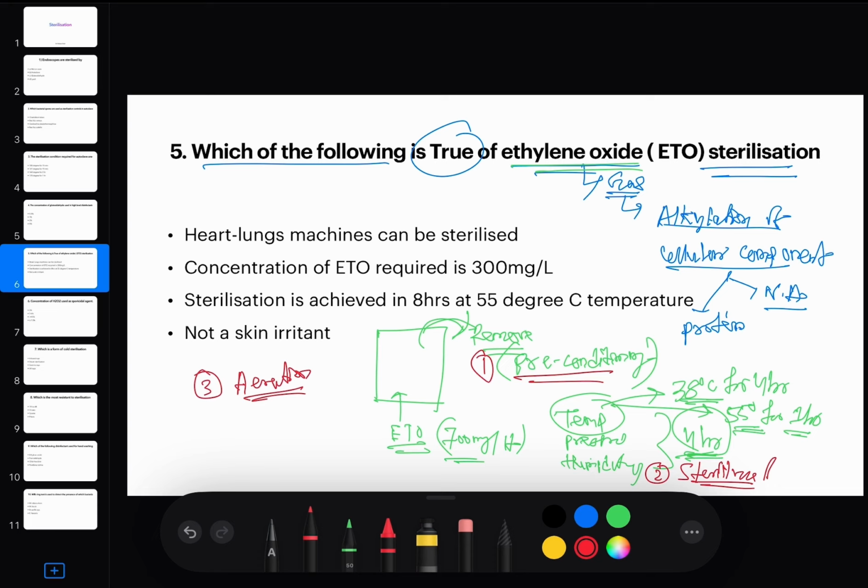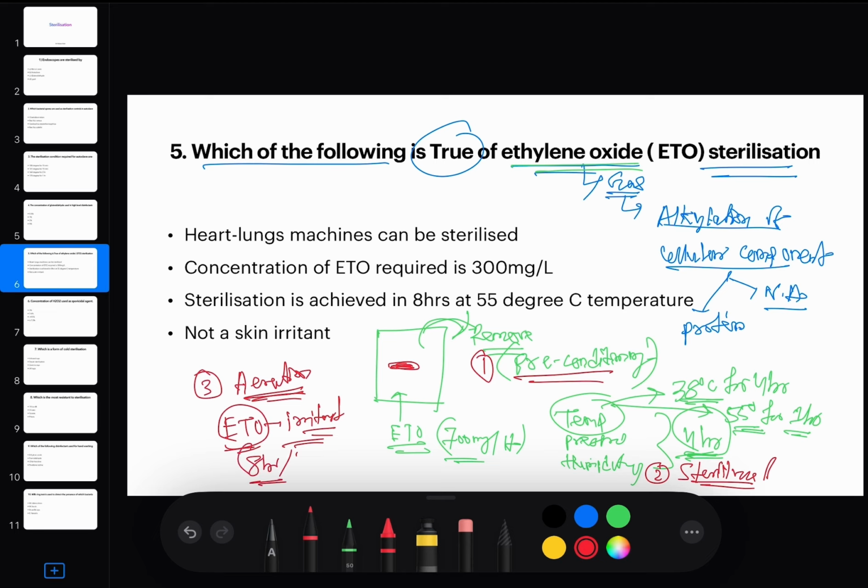Because ETO is an irritant and may be deposited in the substance, and in contact with the body it may cause irritation. So the aeration process must be there to remove the ETO present over the substance or the article. The time required for the aeration is 8 hours.